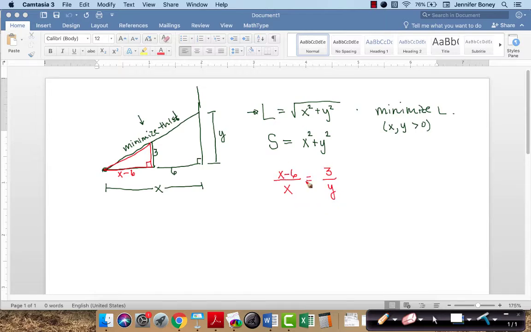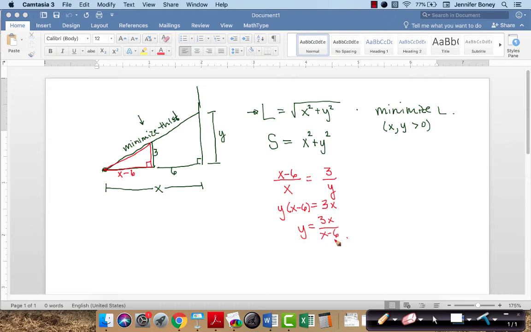Just cross multiply if you want, or just think about multiplying certain pieces around. You can flip-flop things on diagonals or use all sorts of shortcut rules, but this is just algebra. Let me write it out a little bit. Y times x minus 6 would equal 3x. So y is going to be 3x over x minus 6.